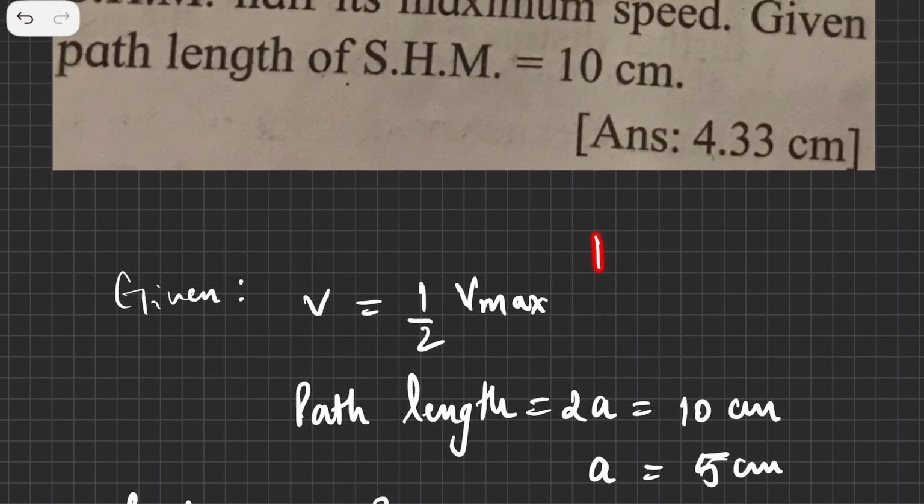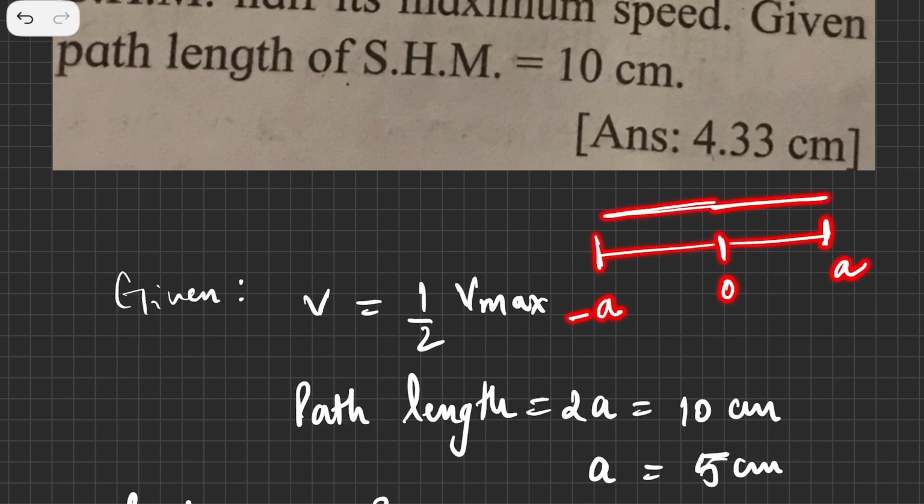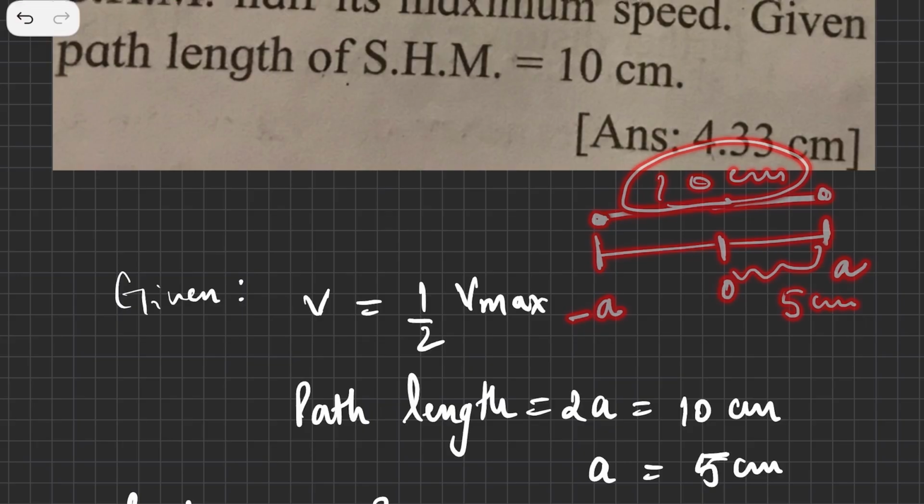Let's say I have a particle oscillating between these two extremes; this is the mean position, this is the positive extreme, and this is the negative extreme. Because it's going from negative extreme to positive extreme, the path length is 10 centimeters. The amplitude would be 5 centimeters, half of the full value.